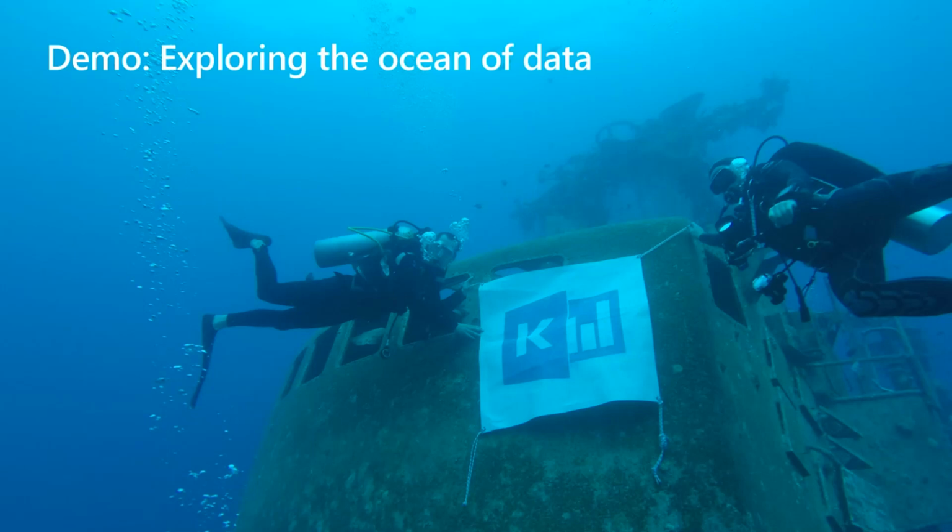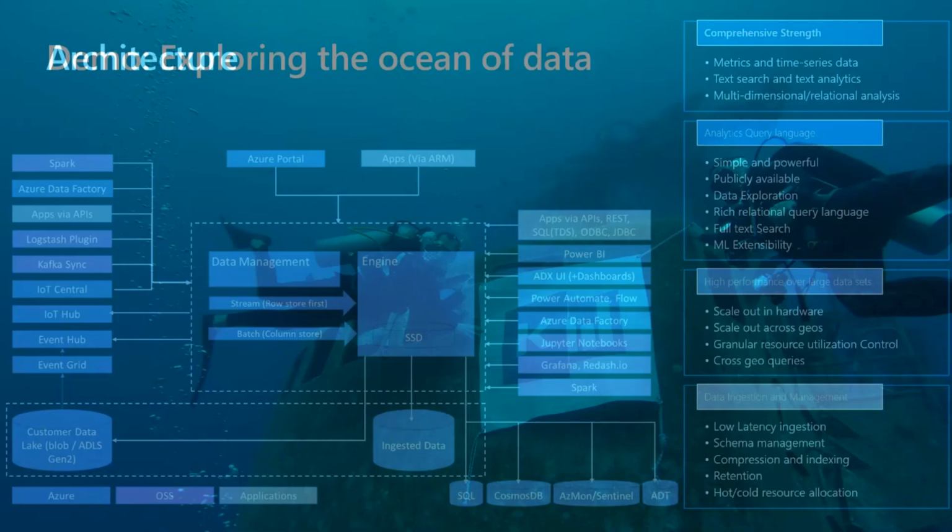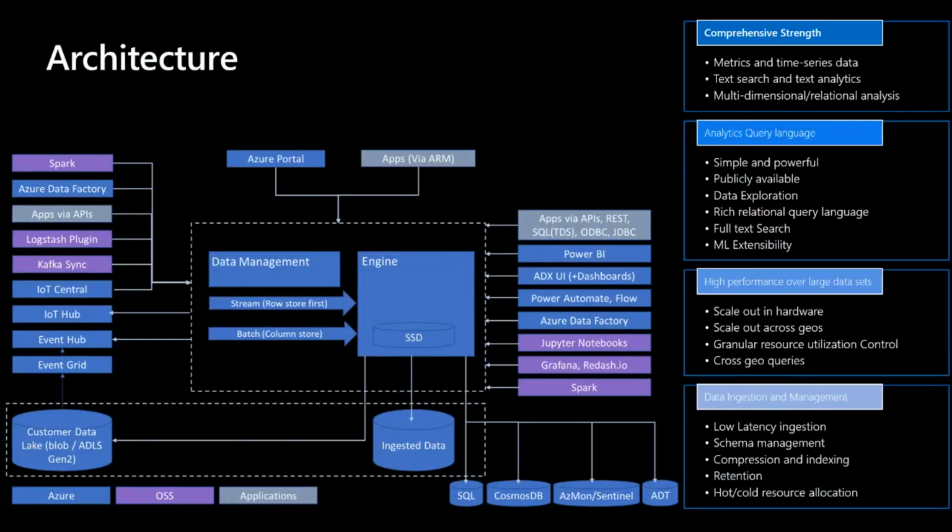So with that demo, I'll go another step deeper and talk a little bit about the architecture of the service. It's a fully managed service, so you don't have to maintain any infrastructure at all. The cluster, a typical ADX cluster, includes 2 types of compute nodes: data management, responsible for ingestion and background job.